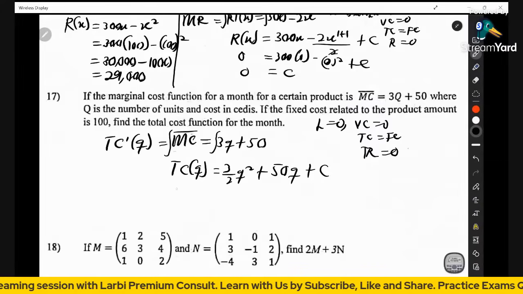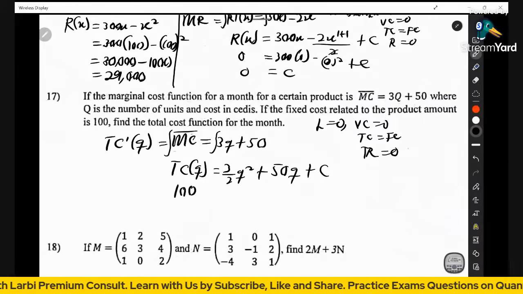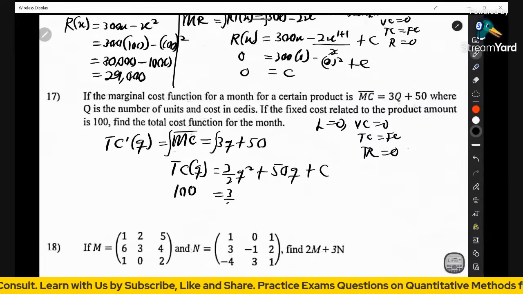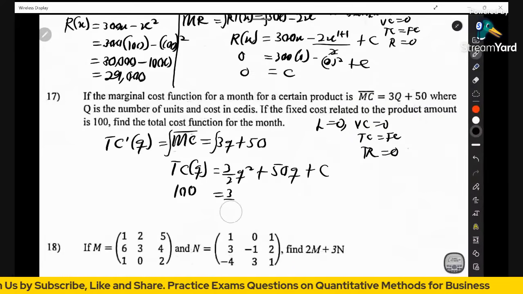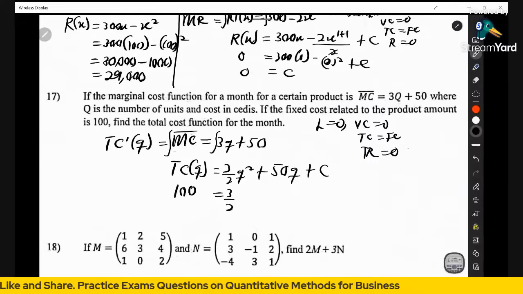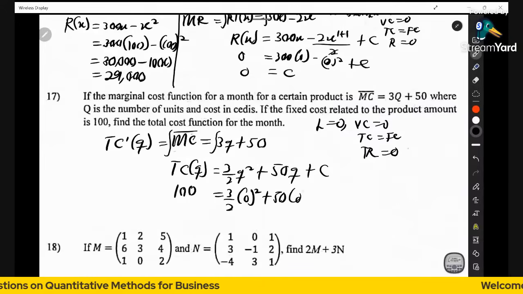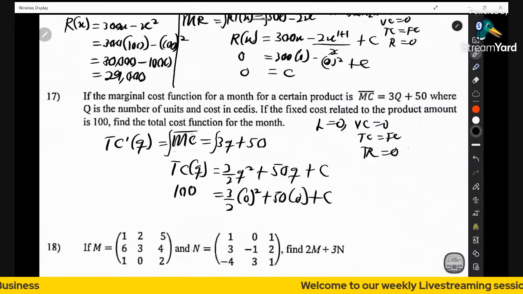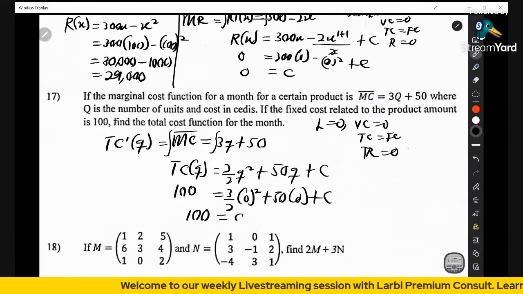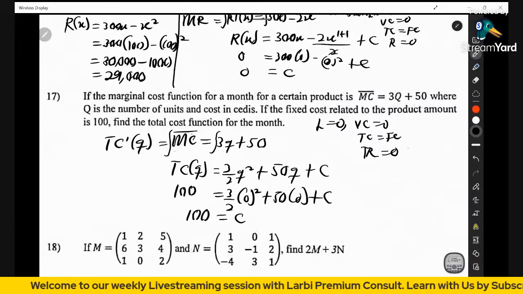So we'll have 100 cedis at the production level of 0, and we have 3 over 2 q square. Whenever you see q, substitute 0 there. So we have 0 square plus 50 times 0 plus c. So here is 0, here is 0, meaning that c is actually 100. So the constant becomes our fixed cost, where the production level is 0.